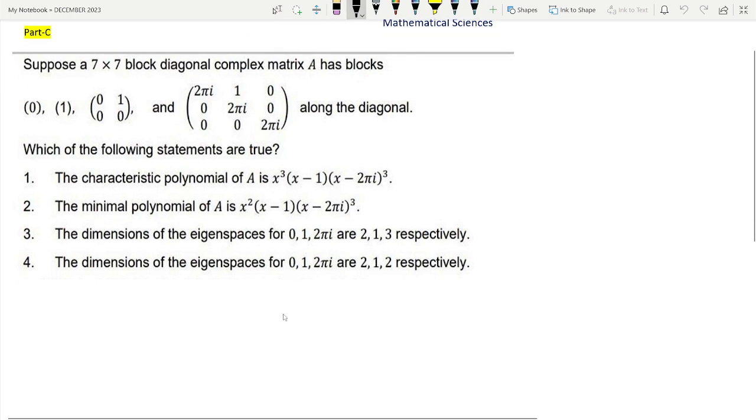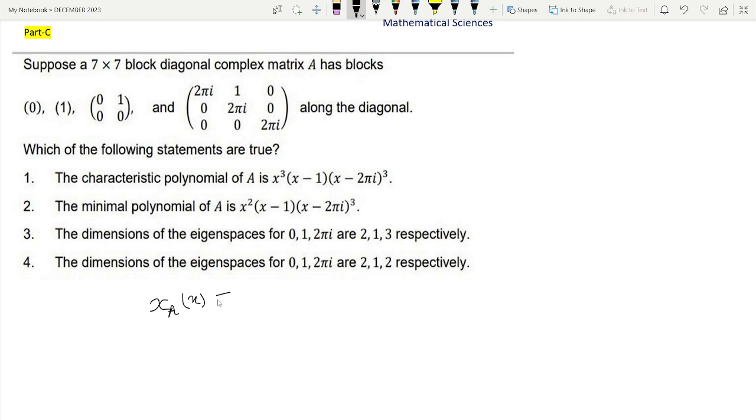So for this we know the characteristic polynomial of a matrix is equal to the product of the characteristic polynomials of these blocks. So first we write the characteristic polynomial. We denote the characteristic polynomial of A by chi A x.